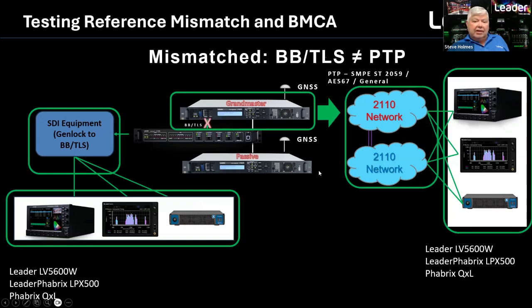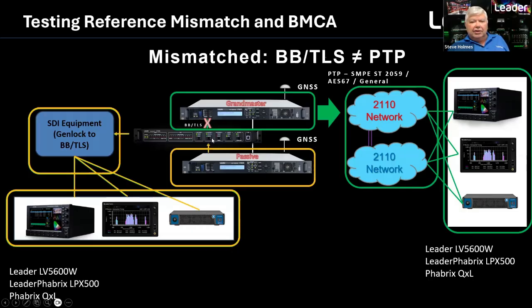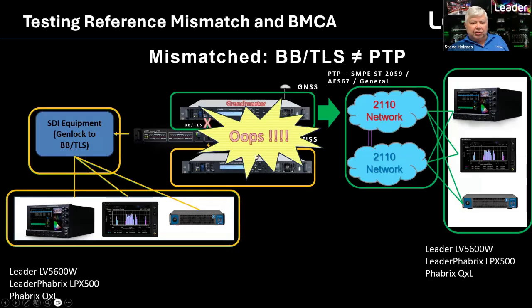The same thing can occur if the output of your baseband test signals, your black burst or tri-level sync, goes bad. The ECO is going to switch to the backup ECO, and I've got the same condition, but this time it's from the blackburst side.